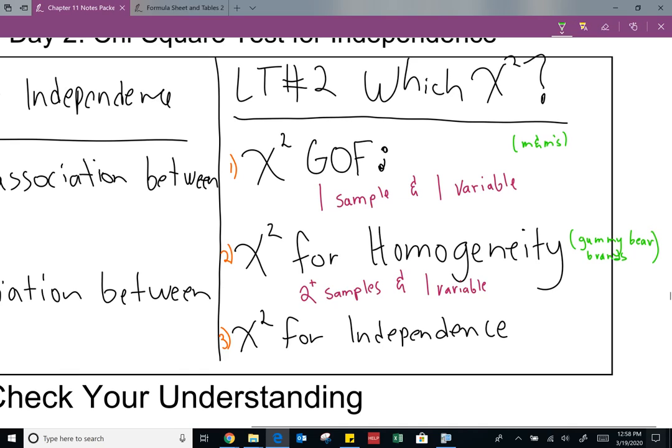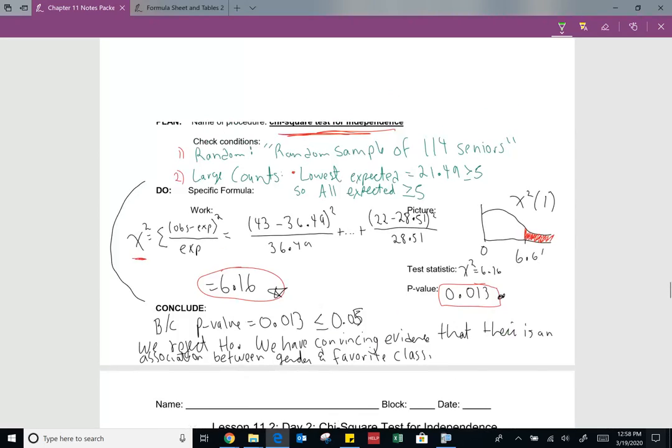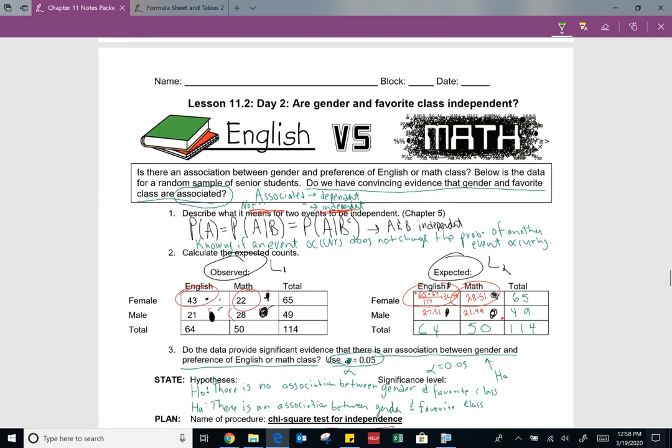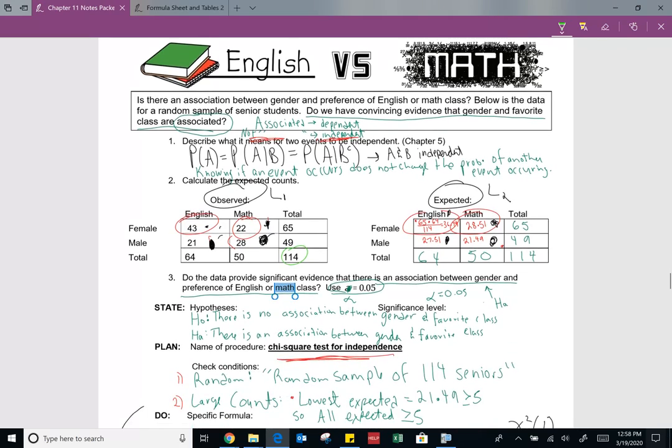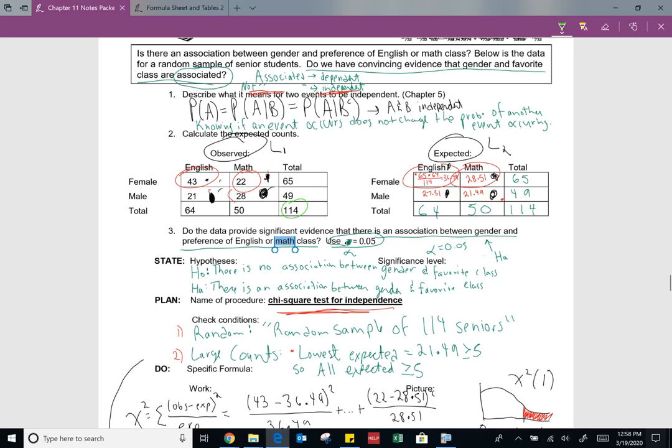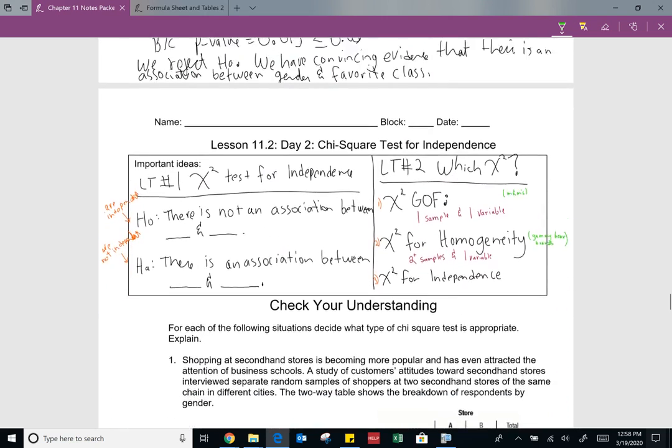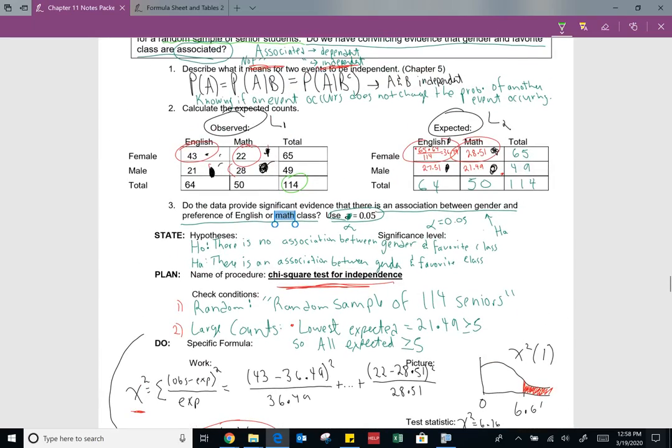And then the last would be chi-square test for independence. Let's think about what we had in the previous lesson. We took one sample of 114 seniors, a random sample of senior students. So one single sample. And how many variables do we have?